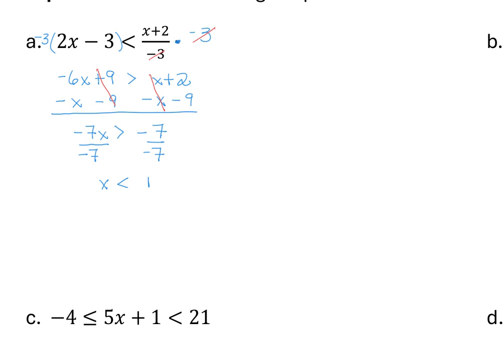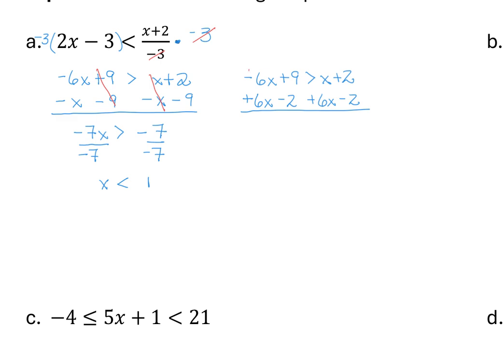Now, just to show you that it doesn't matter, if we go back to the statement up here after we multiplied by the negative 3, you can move your variables to the right, and if we move our variables to the right, we need to move our constants to the left.